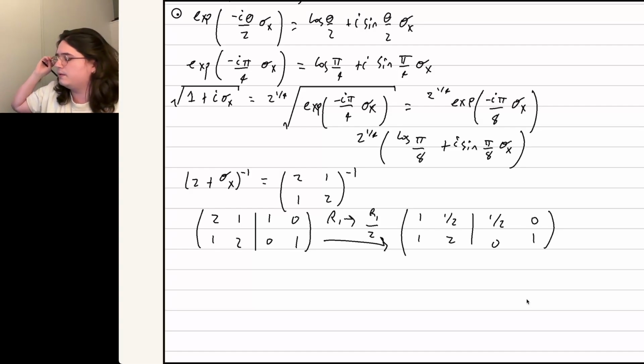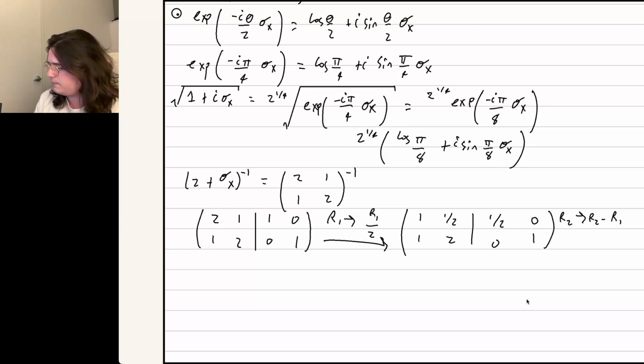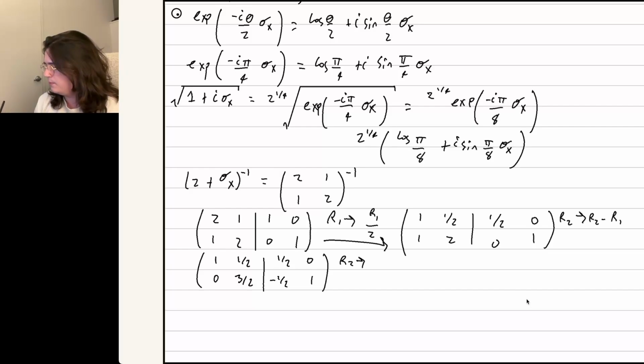And then we'll do row 2 goes to row 2 minus row 1. So 1, 1/2, 1/2, 0, and 0, 3/2, minus 1/2, 1. And then we're going to have the second row be multiplied by 2 over 3.